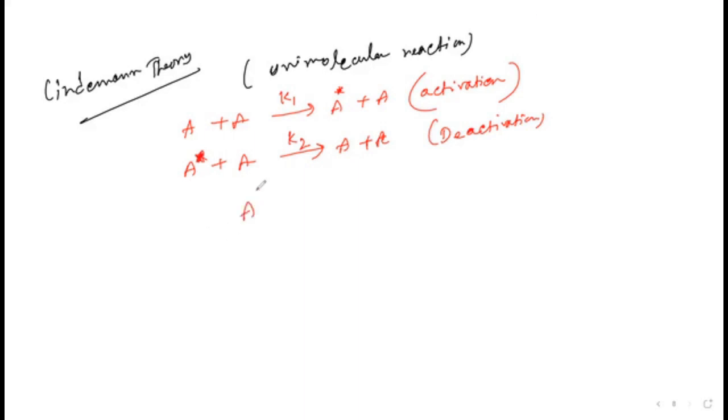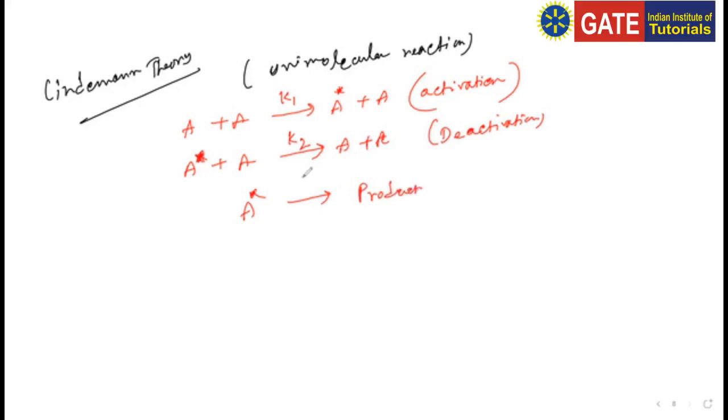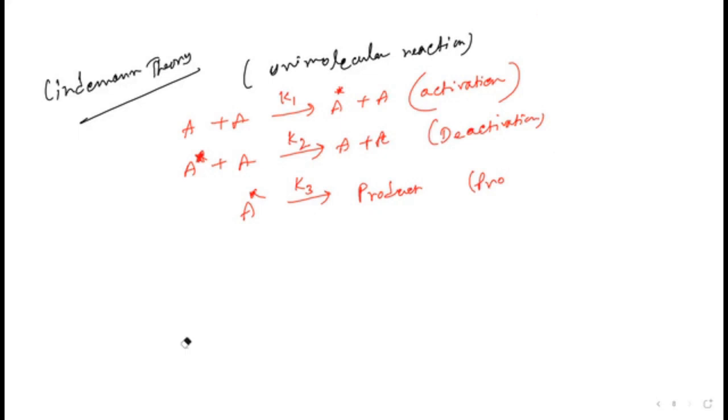So we can write A star giving the product. This is the product formation.